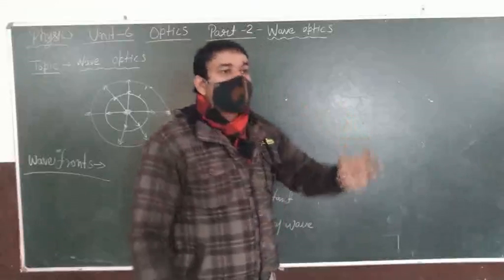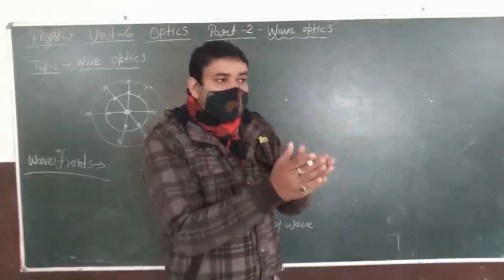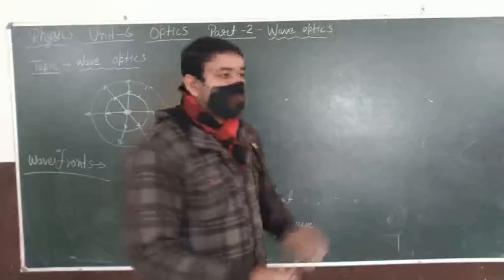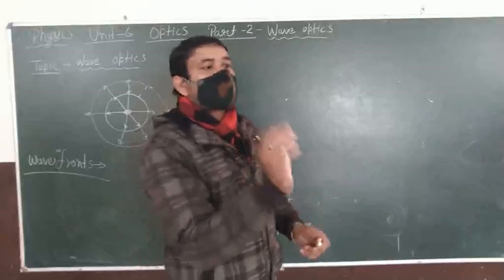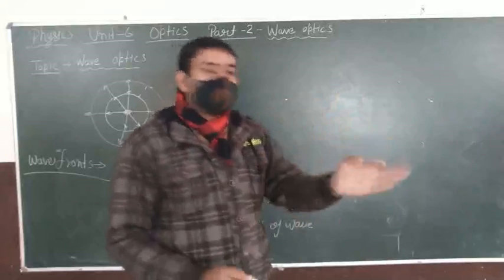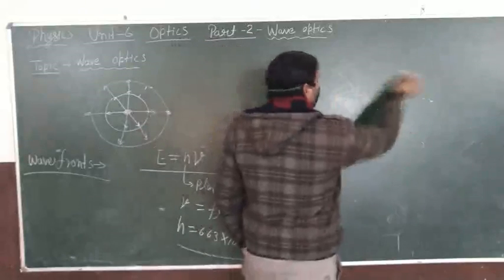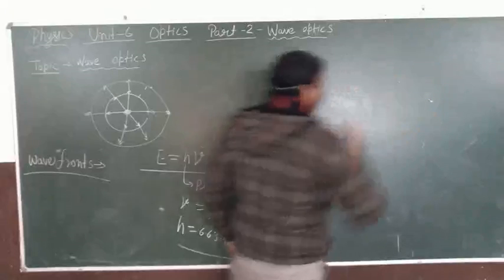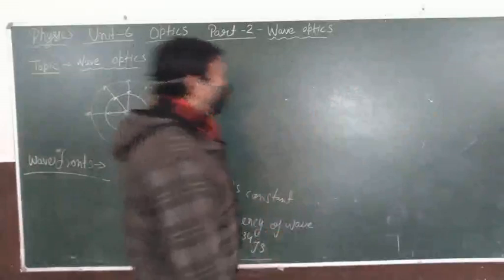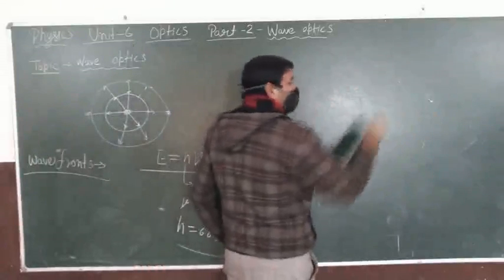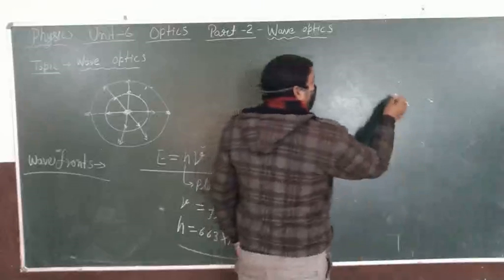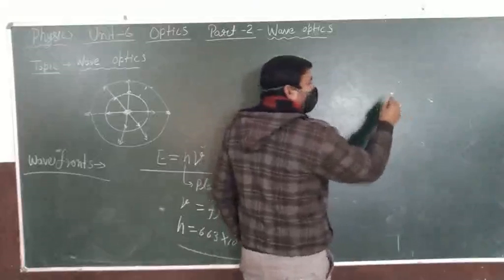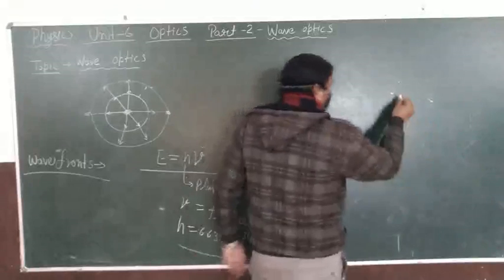Which means, as you learned in your previous class, when a wave is produced in a pond or a lake, when a small stone or pebble is thrown in the lake, this is the source of wave origin.